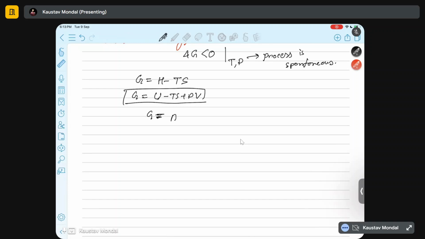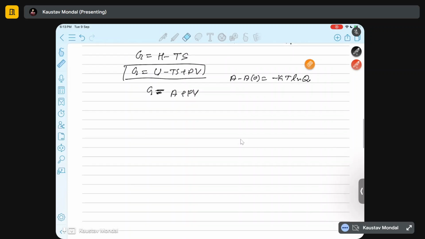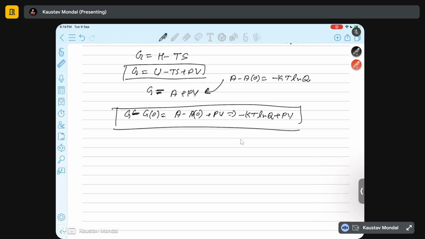And in the previous lecture, we derived the expression of the Helmholtz free energy, which is A minus A0 equal to minus kT ln Q. Now, if you simply substitute the expression of the Helmholtz free energy here in the Gibbs function, you'll get G minus G0 equal to A minus A0 plus PV, so that means minus kT ln Q plus PV. This would be the expression of the Gibbs free energy.